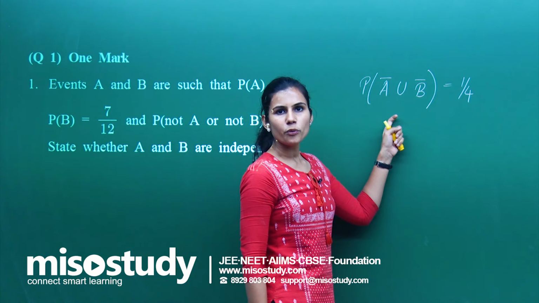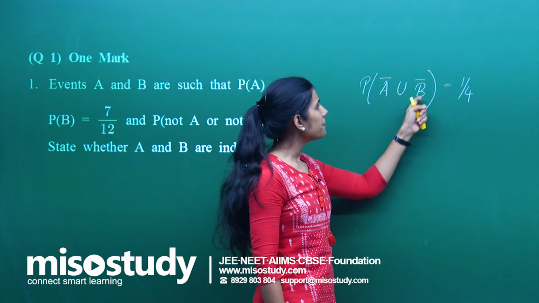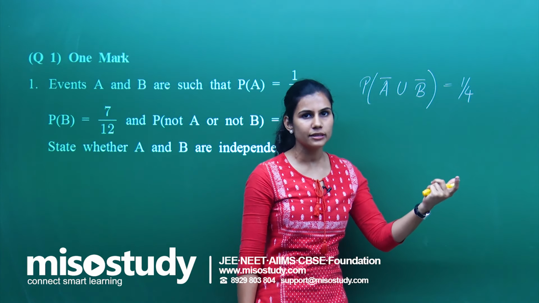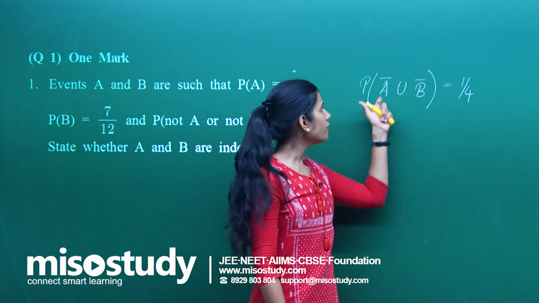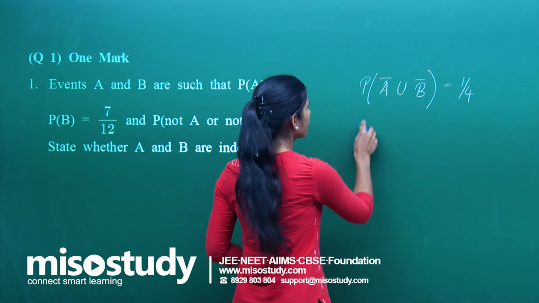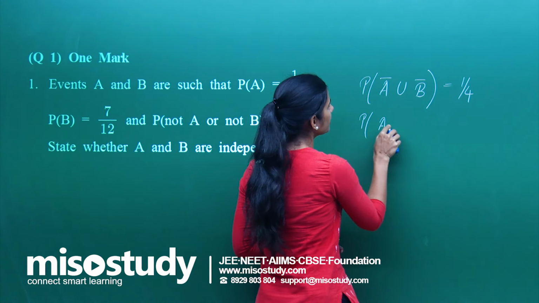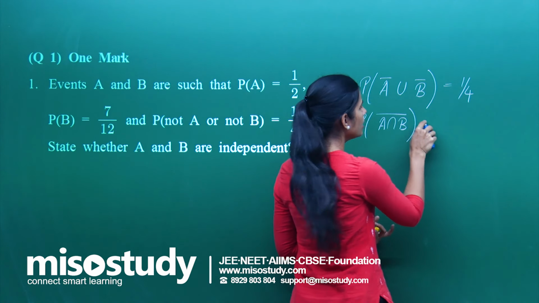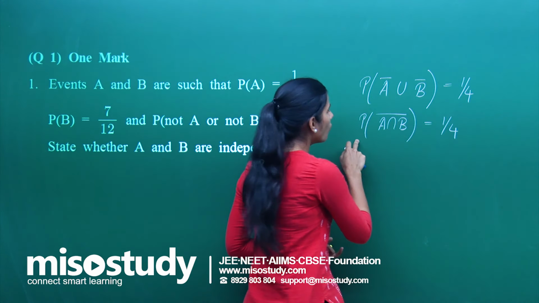By De Morgan's law, we know that A complement union B complement is A intersection B whole complement. Whatever was the meaning of complement in the chapter sets, the same is the meaning of the bar over here upon the alphabets A and B. So the probability of A bar union B bar is the probability of A intersection B whole bar, just by De Morgan's law. This is 1 by 4.